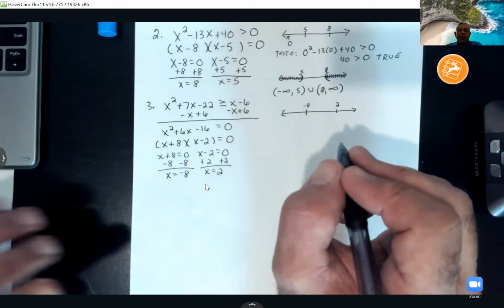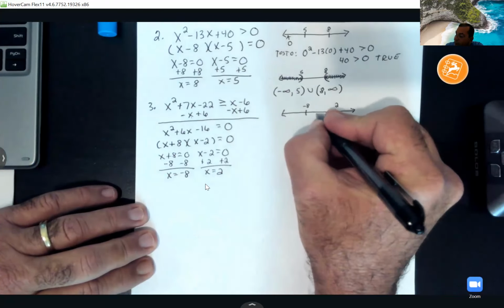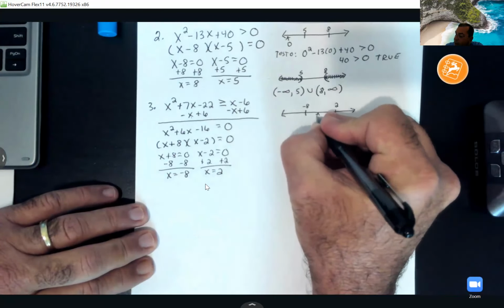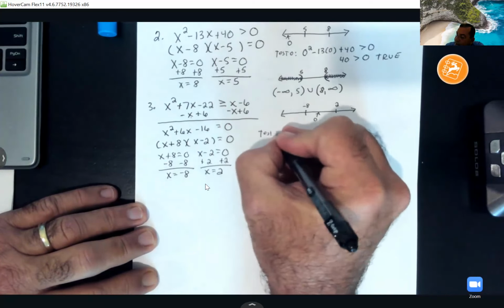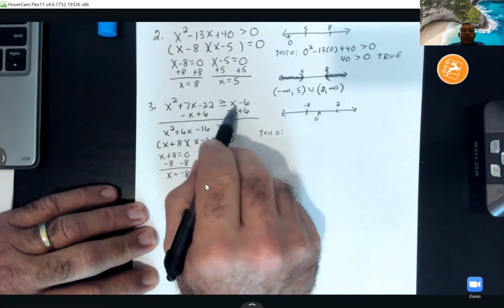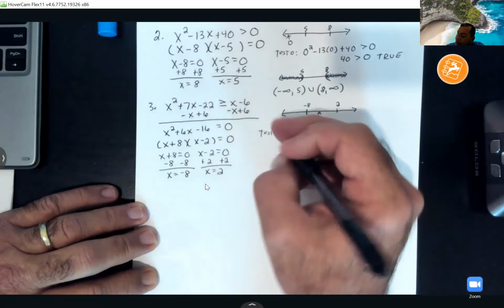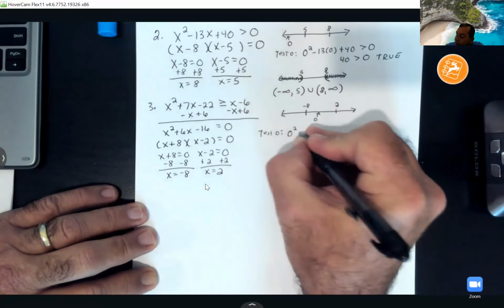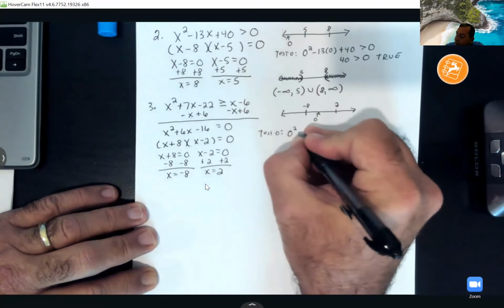So that means 0 for me is going to be in between that negative 8 and 2 this time. So I'm going to test my 0 to see if this is true or false. So I'm going to use this original equation. So I got 0 squared plus 7 times 0 minus 22 has to be greater than or equal to 0 minus 6.